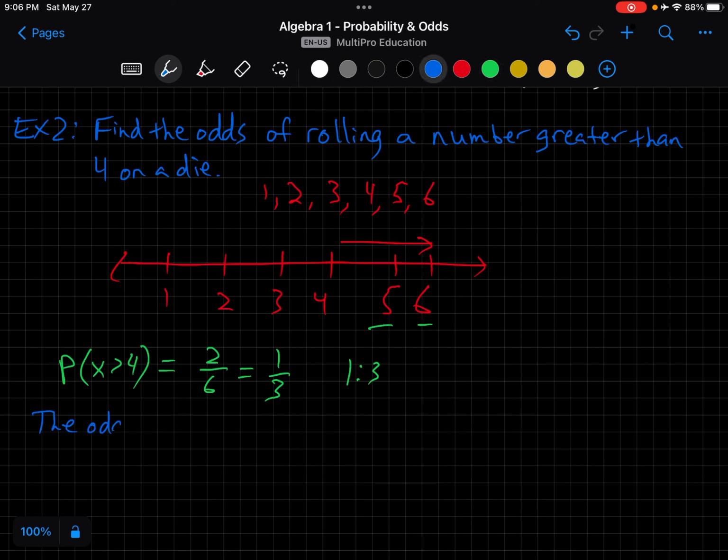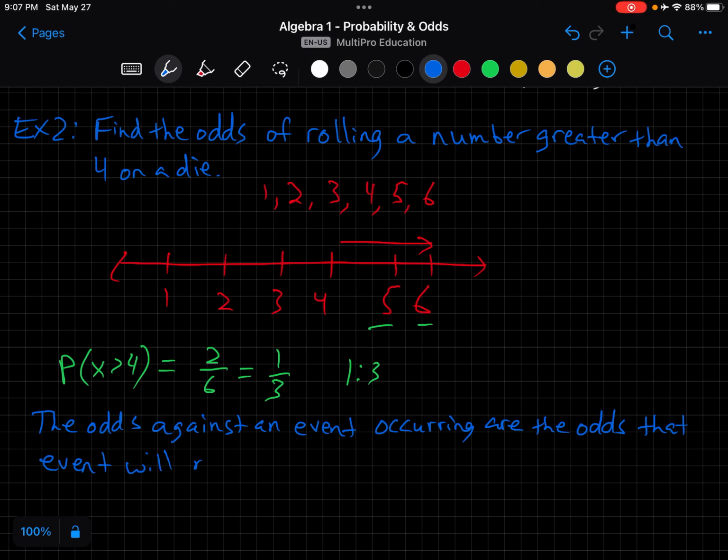So the odds against an event occurring are the odds that the event will not occur.